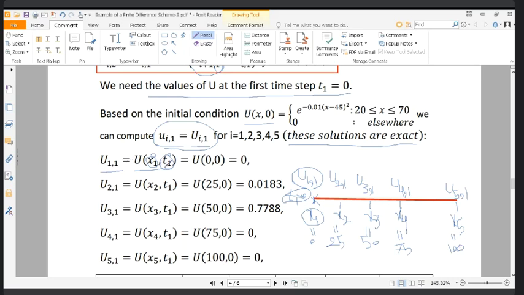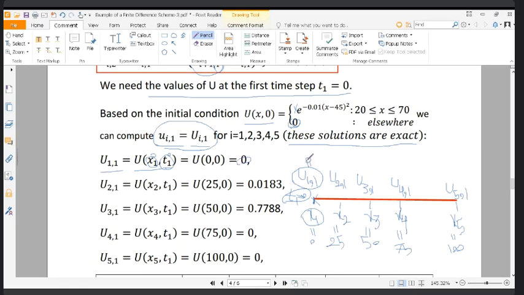So u(x1, t1) is u at 0 and 0. The initial condition says if x is between 20 and 70, we use this formula, and otherwise use 0. Since 0 is not bigger than 20, u(0, 0) is equal to 0.